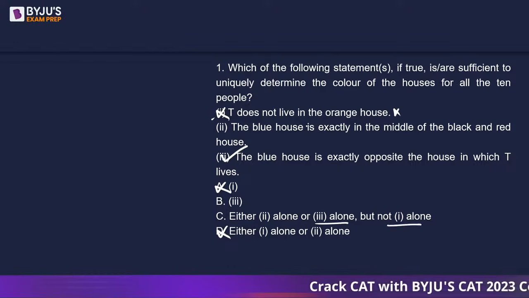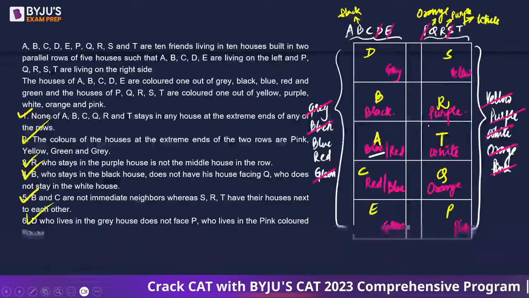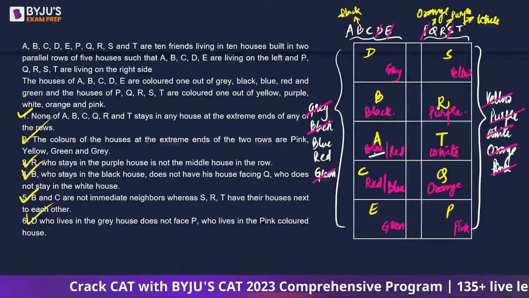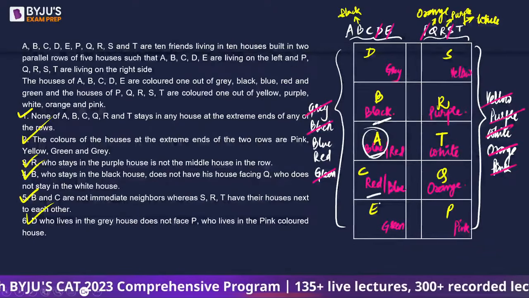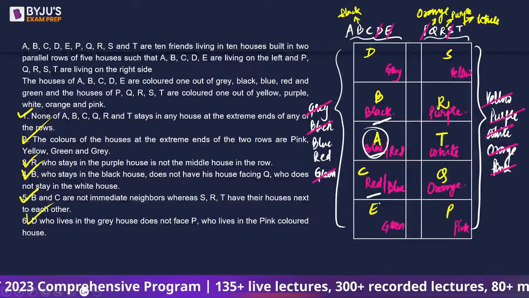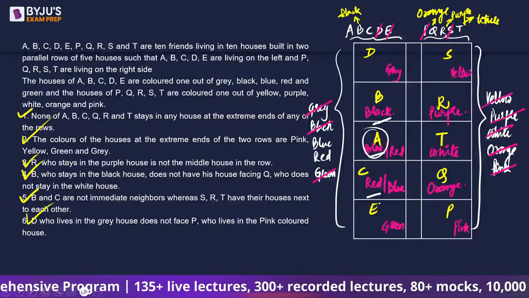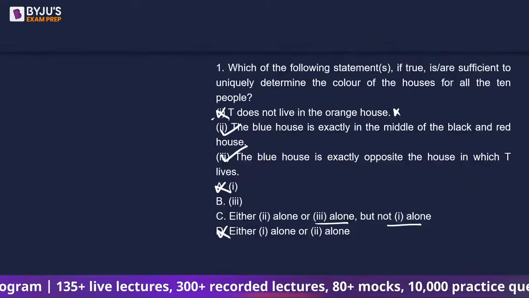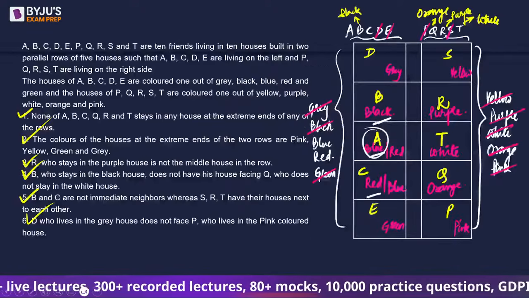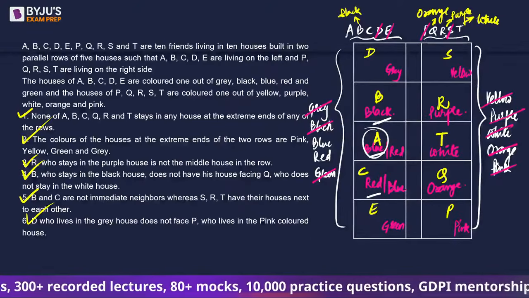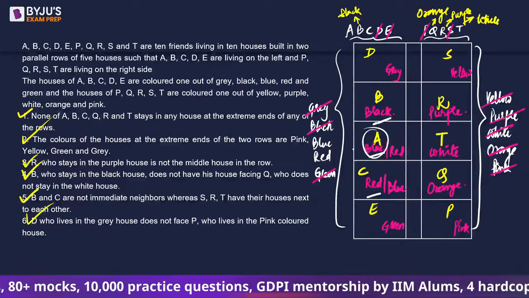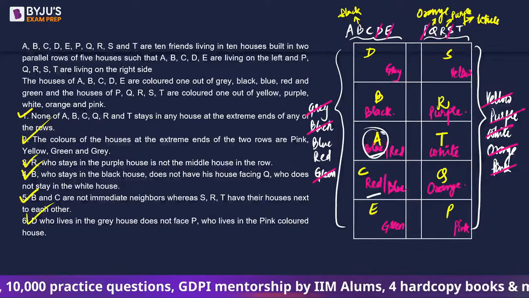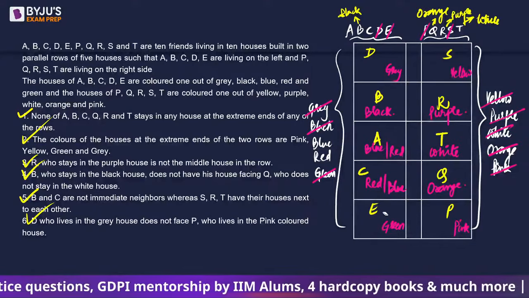अच्छा, 2 भी check करना पड़ेगा. The blue house is exactly in the middle of black and red house. Blue house is exactly in between black and red house. ये भी बता देगा कि blue is the house of A. Right, blue colored house A का है, तो second से भी आ गया. So can we say C is going to be the answer, because in both these cases we know exactly. मैं erase कर देता हूँ, next question में भी use करना है.